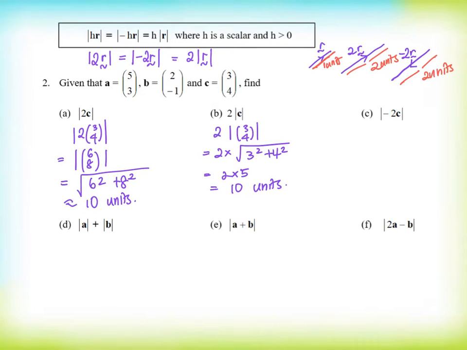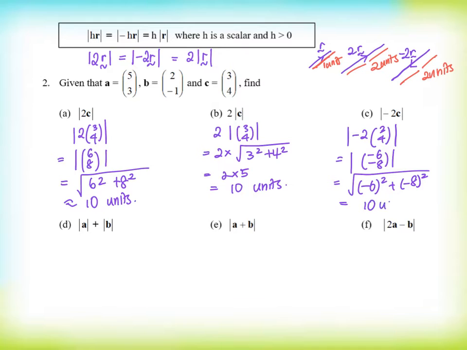If I were to have the magnitude of negative 2 times vector C, then I will need to change the sign. That will become (negative 6, negative 8), and the square root of negative 6 squared plus negative 8 squared. Now when we square the negative number, it remains positive, so it is still 10 units. Therefore, what we said for this property over here is true.